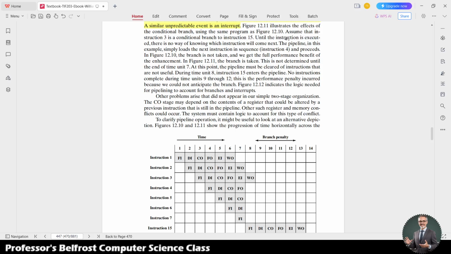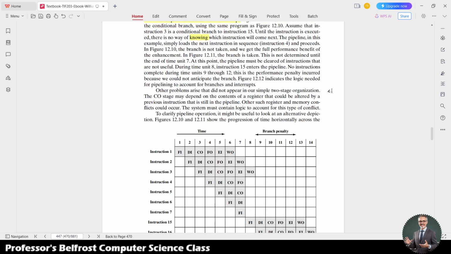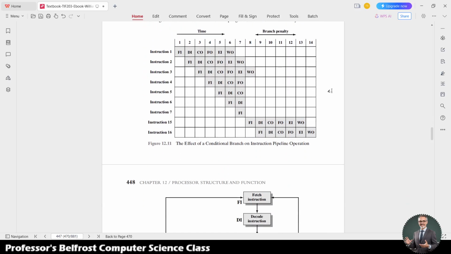Until the instruction is executed, there is no way of knowing which instruction will come next. This is the issue that was outlined before. Then the pipeline, in this example, simply loads the next instruction in sequence and proceeds. As we discussed before, if the branch is not taken, we will get the full performance benefit.